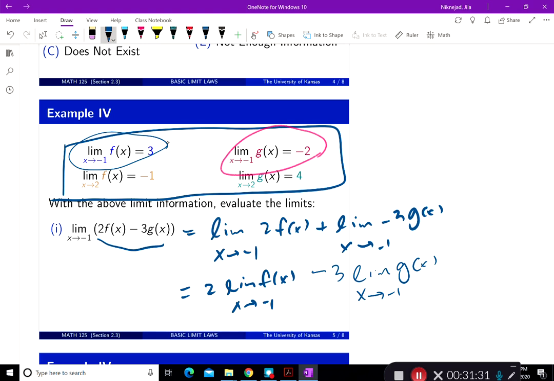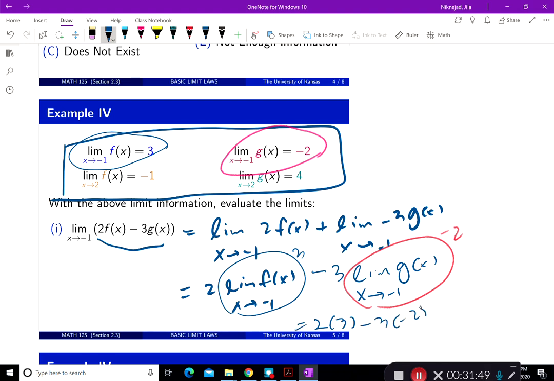So I can replace those two by their values. This is -2. The other one is 3. So I end up with 2 times 3 minus 3 times -2, which is 6 plus 6, which is 12. And that's the limit of the longer expression.